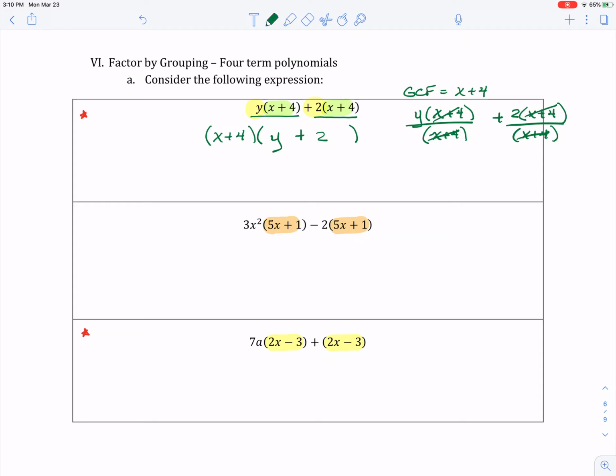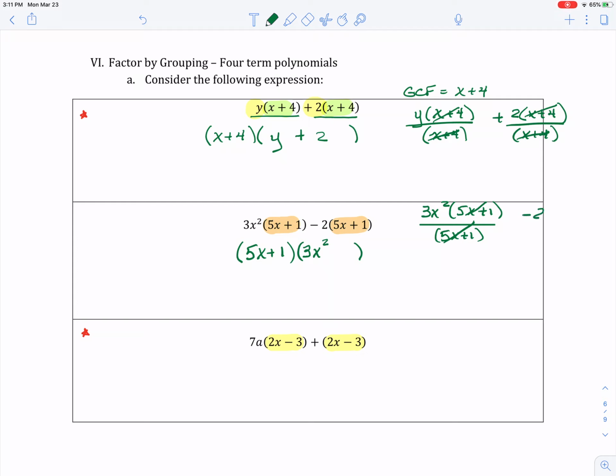So I'm going to work this next one real quickly. The GCF is the common parentheses, 5x plus 1. And in the remaining parentheses, again, I'll work it just to show you, as we take each term and divide it by the GCF, you can see that we have the 3x squared in that spot.